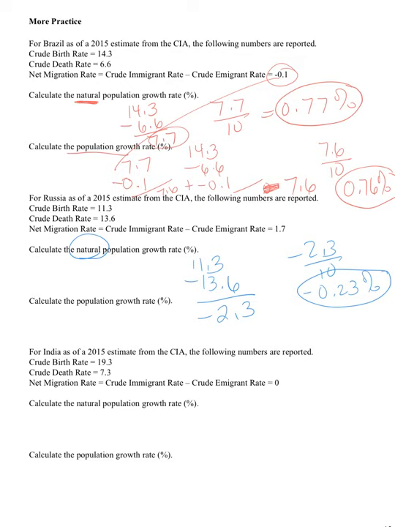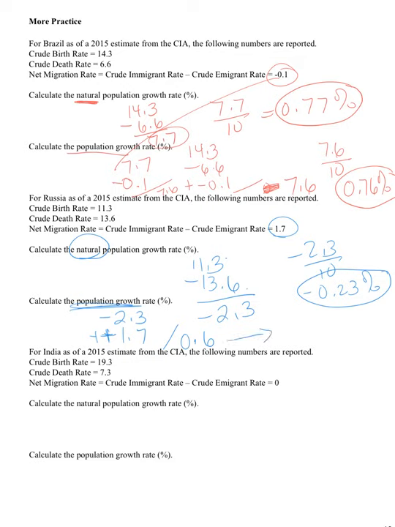Now, if I include the net migration, because the next one is the population growth rate, not the natural, I start with my negative 2.3, again births minus deaths, and then I add my net migration rate, which is positive 1.7. So then negative 2.3 plus 1.7, because this is positive, gives me negative 0.6.